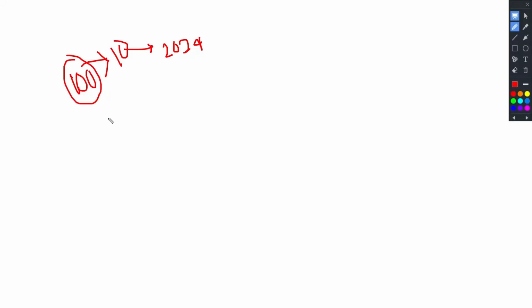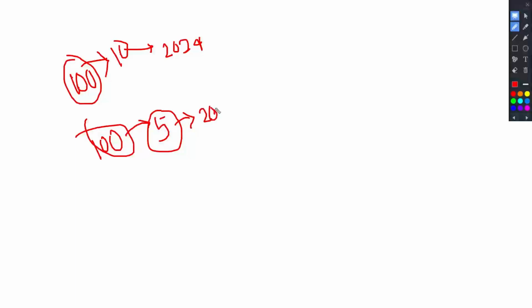So in 2025 with the same amount of taka you will get, suppose, 5 chocolates. So you can see a rise of price. Basically this is called inflation.